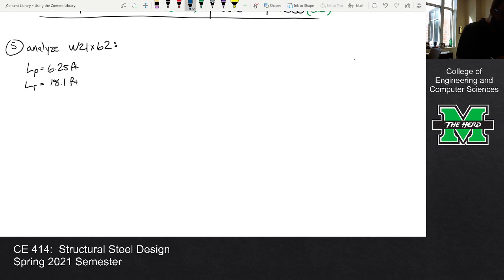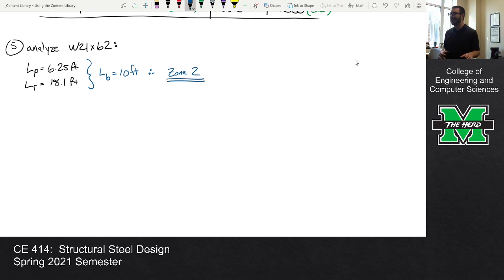And remember, for our beam, LB is, again, 10 feet. So that means we're in zone 2. And in design land, more often than not, you will be in zone 2. That is highly common during the design phase.